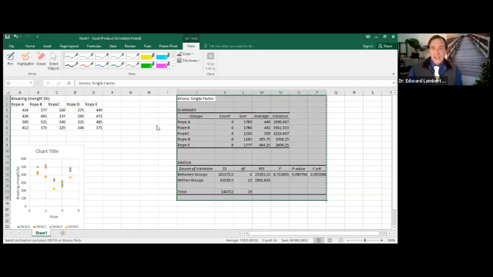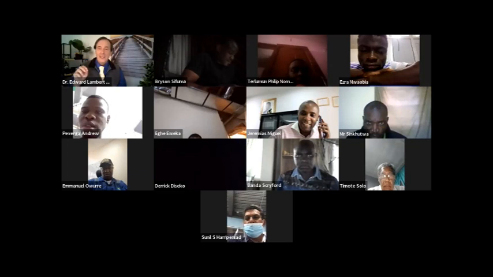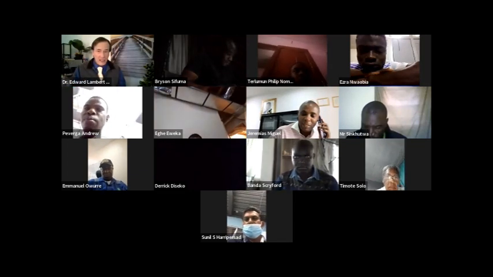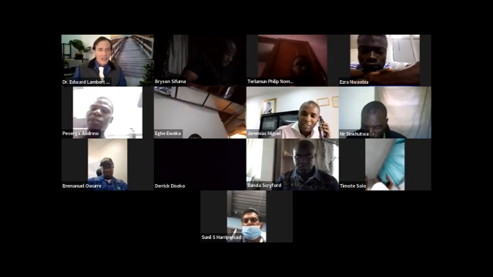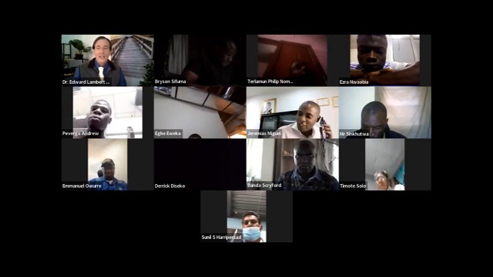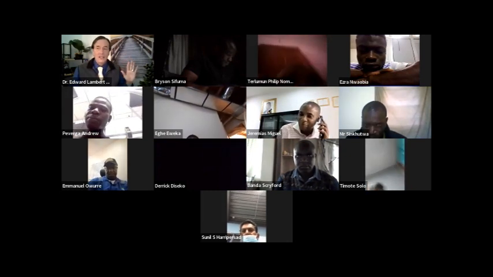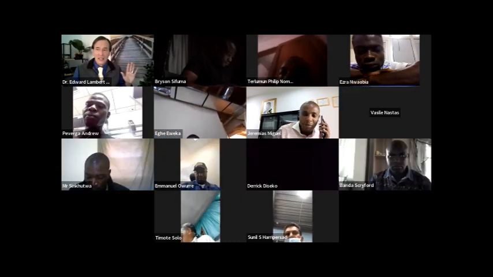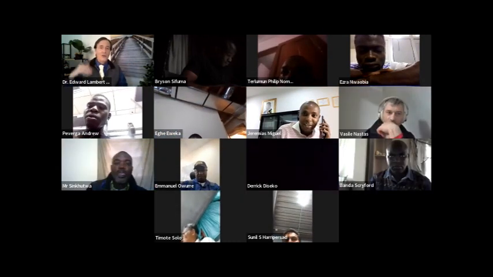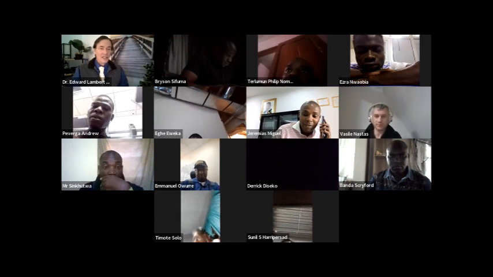So as you can see in this column here for the average, that is what the ANOVA test is calculating, the difference between those averages. And if one of those averages is significantly different, then the ANOVA test will say one of these ropes is significantly different than the others, or two of these ropes are significantly different.